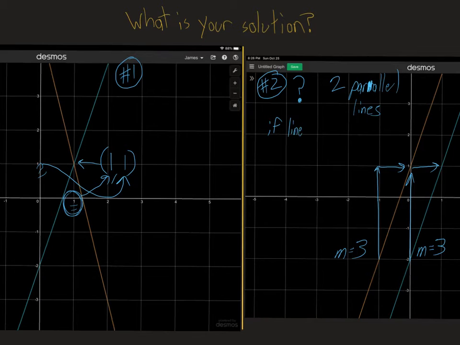And if our lines don't cross, that means there is no point, or no solution, where they're ever going to cross.